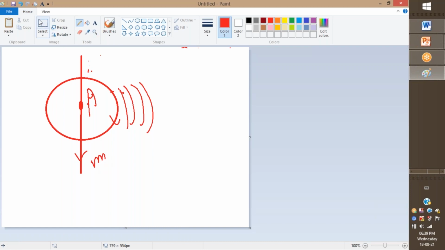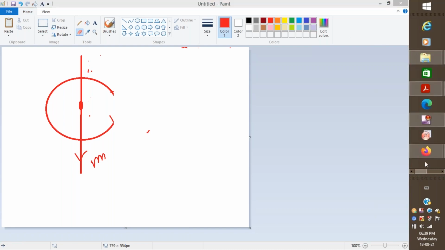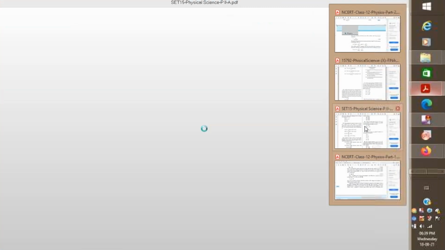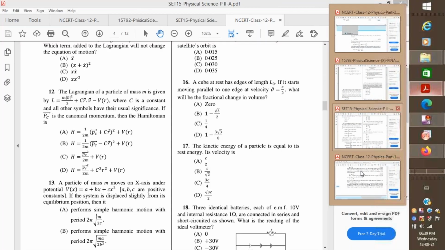Current direction is if this way, then magnetic moment will be in this direction. You can apply your thumb rule or grip rule properly to find out that. So this will give you the idea of the direction of the magnetic moment M. Okay, so let us go to the textbook.